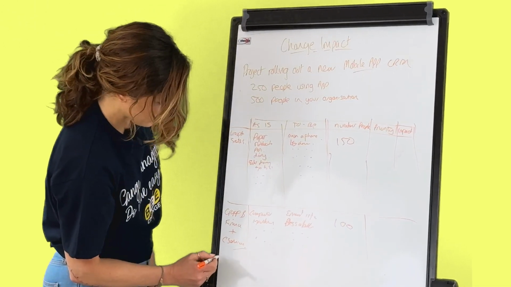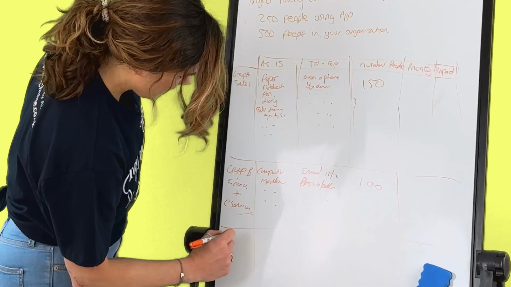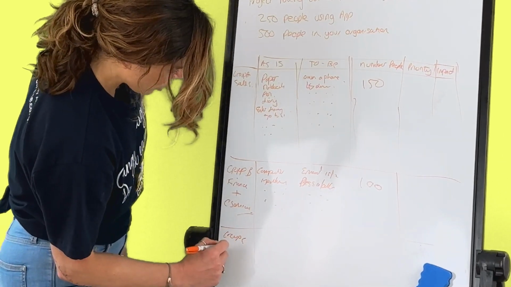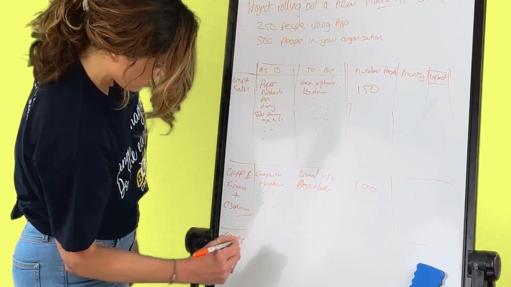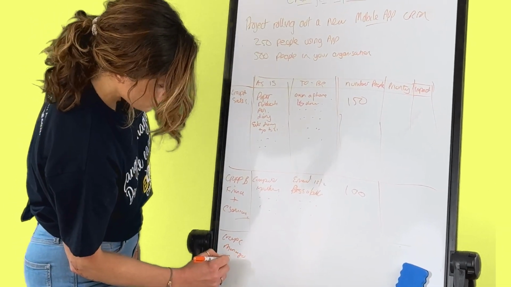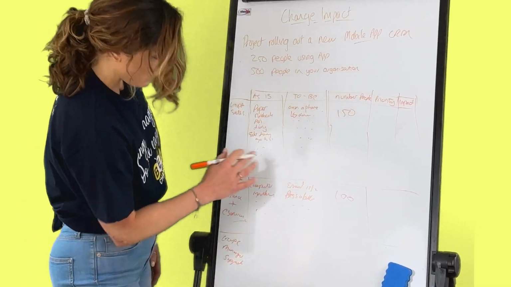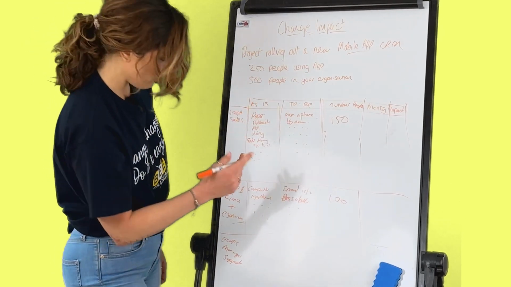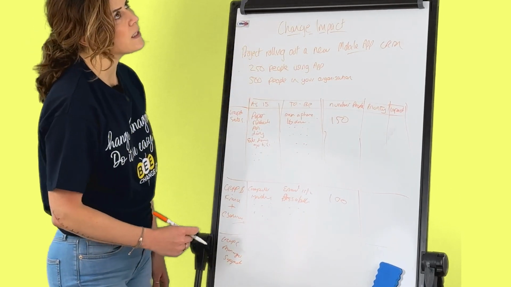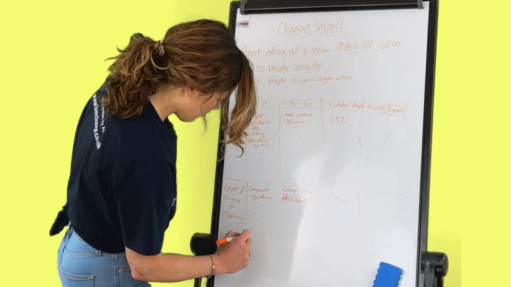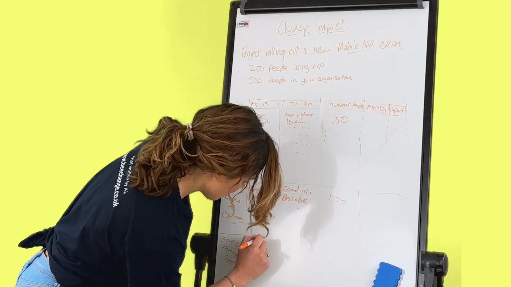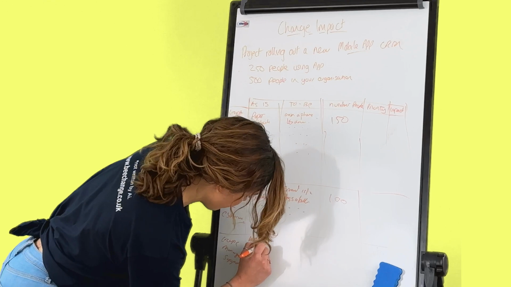And then let's say that there's group C, which is management, and we've got a very large management and support, okay? So what did they do before of this impact? They received an update from the team.